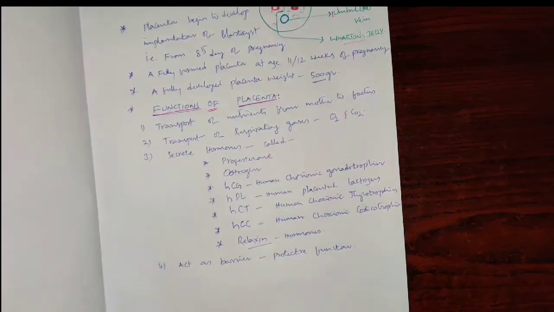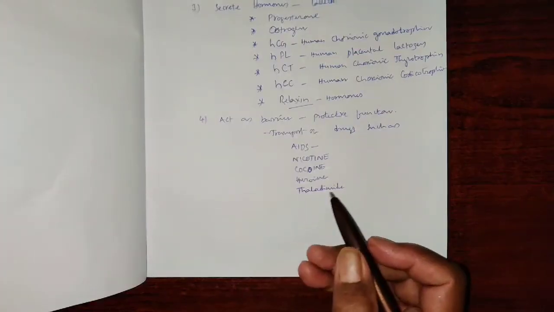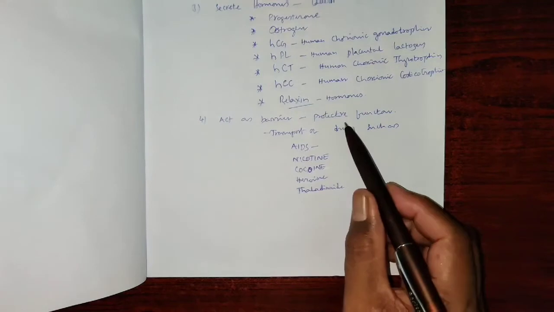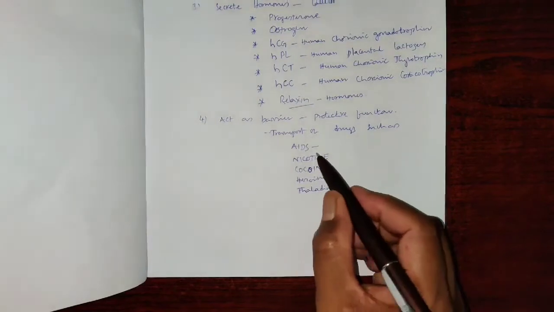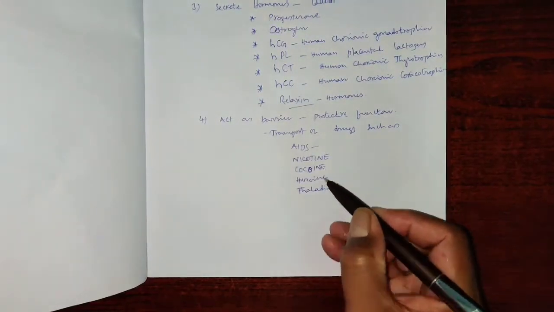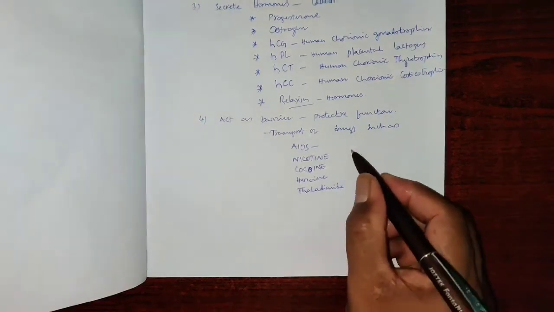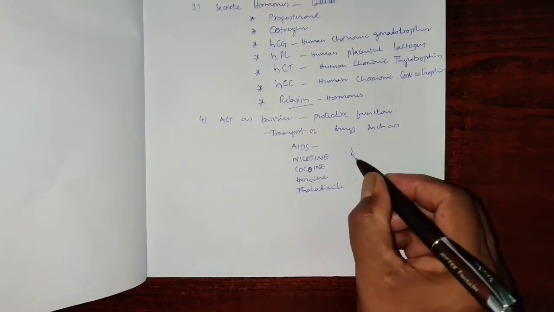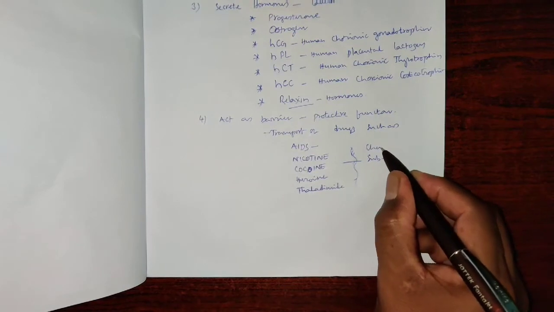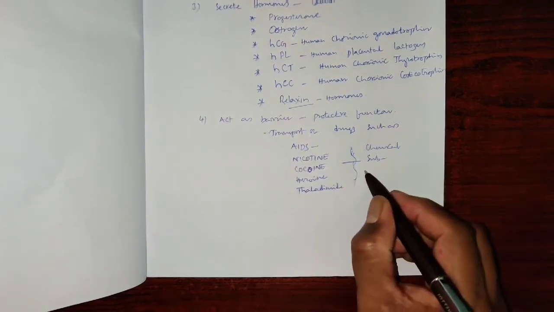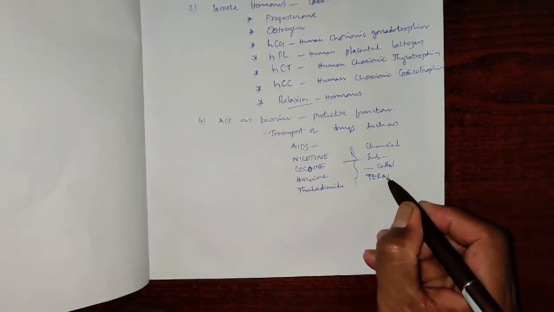It acts as a barrier, but drugs such as AIDS virus, nicotine, cocaine, heroin, thalidomide can still be transported. Transporting these chemical substances are called teratogens.